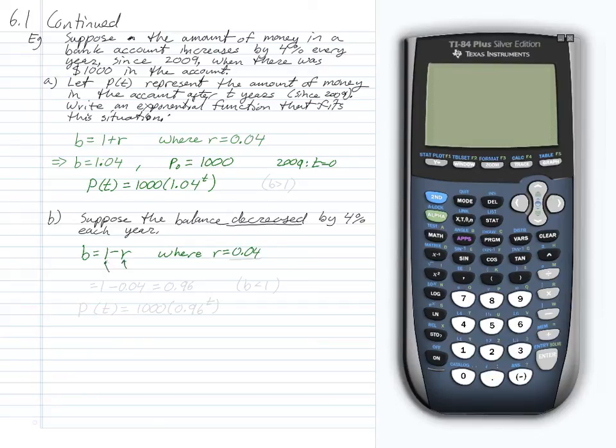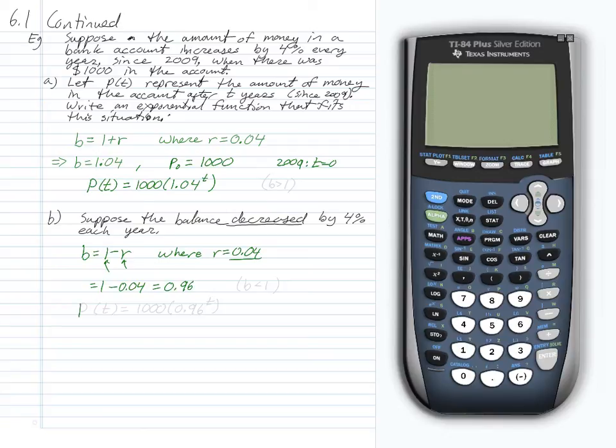So we have the 1 there to account for the money that we have, and then we're knocking off 4%, leaving us with 1 minus 0.04, or 0.96. In other words, we'll have 96% of our money because we're losing 4% of our money.